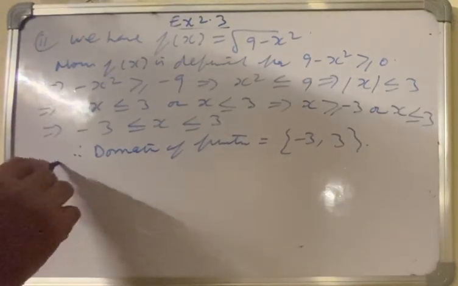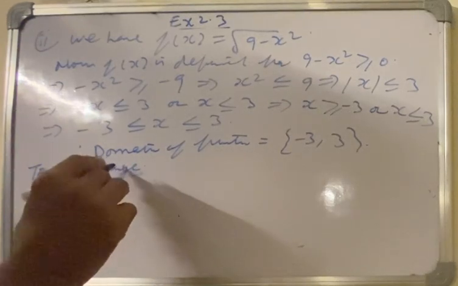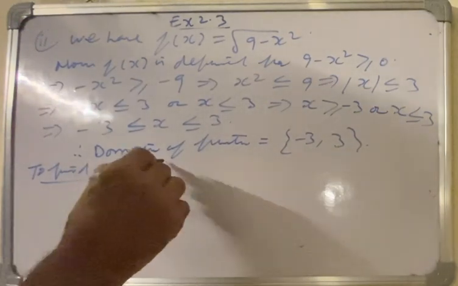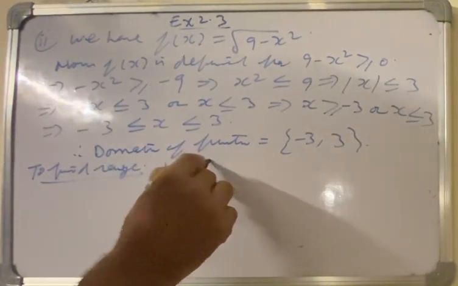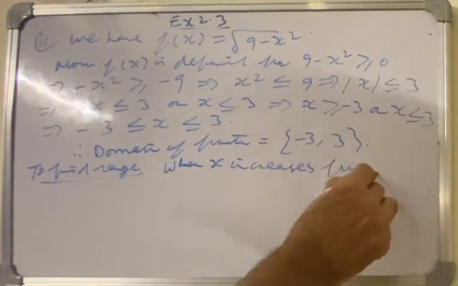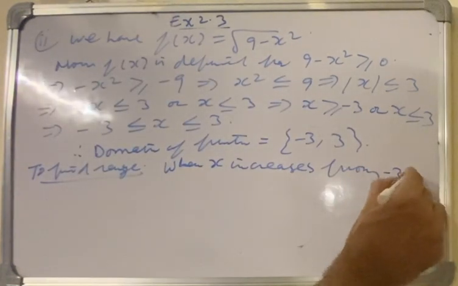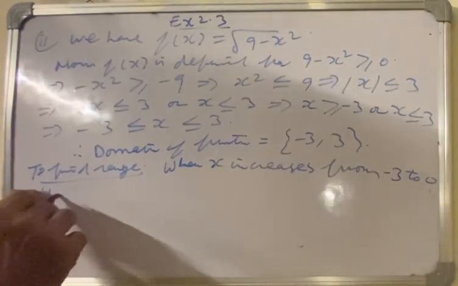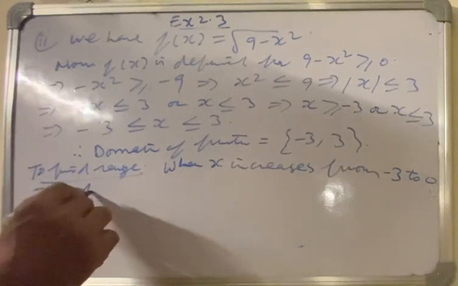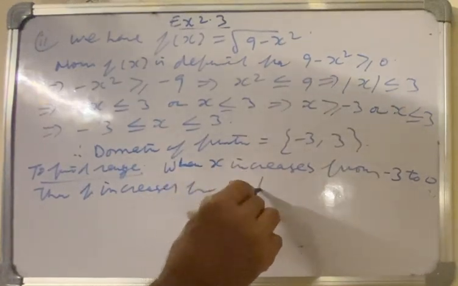To find the range of the function, when x increases from minus 3 to 0, then f increases from 0 to 3.